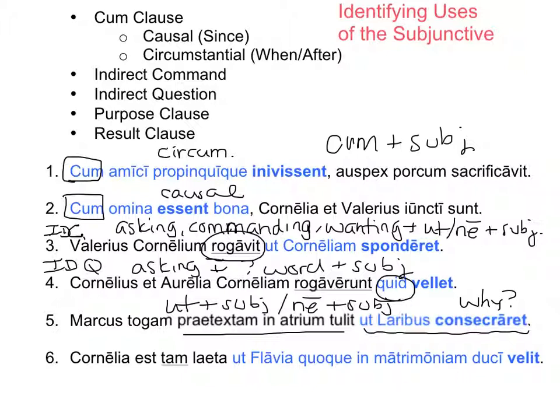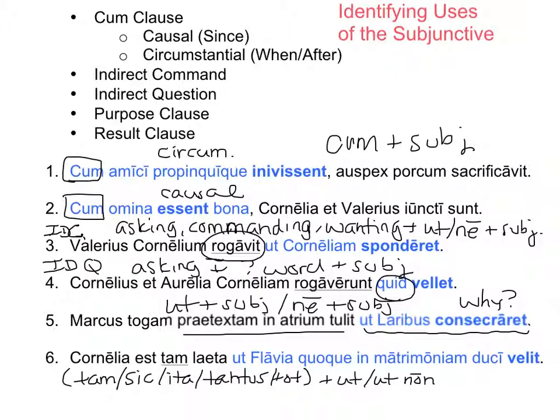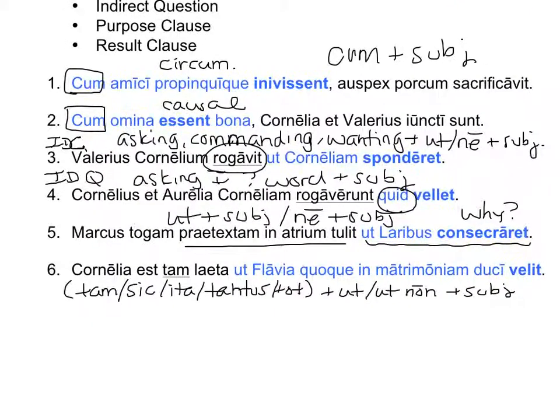So here, that adjective or adverb, words like tam, sic, ita, tantus, all of these words like that, plus ut, or any kind of normal negative that I'll summarize as non, plus the subjunctive, helps me explain not why something happened, but what happened because of the main action.